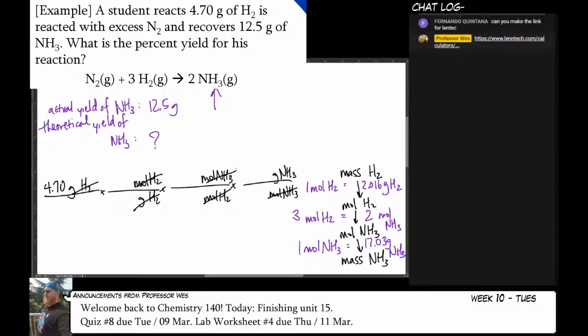Now I have all the units in place. Let's run the numbers. So, relationship between grams and moles. 1 mole of hydrogen is 2.016 grams. 3 moles of hydrogen, 2 moles of ammonia. 1 mole of ammonia is 17.03 grams ammonia.